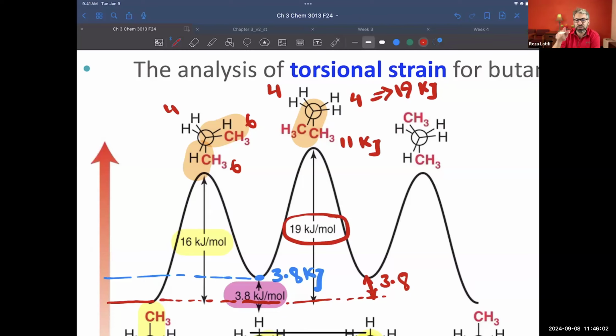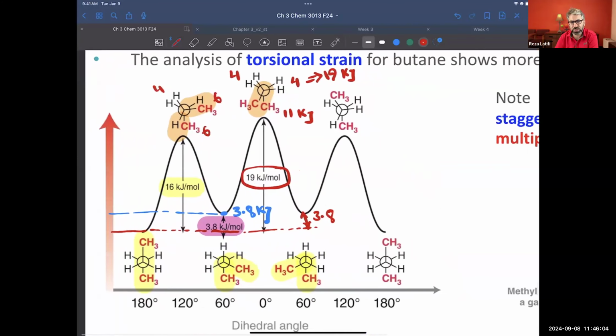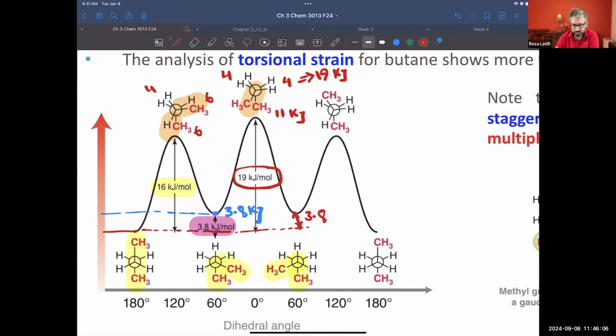Now if you rotate that one, very soon you will get another gauche structure, and if we keep rotating it, we get an eclipse structure that has a methyl facing a hydrogen, another methyl facing another hydrogen, and each one is going to cost you 6 kilojoule. 6 here, and that is 4.